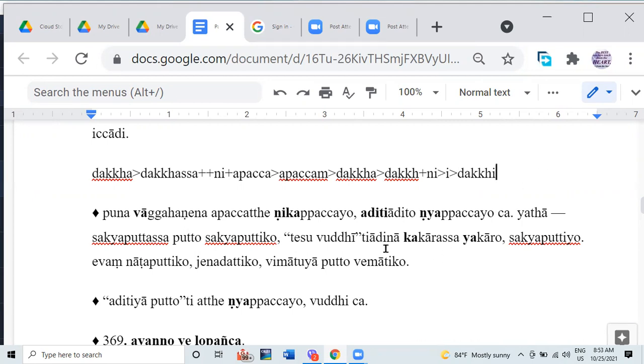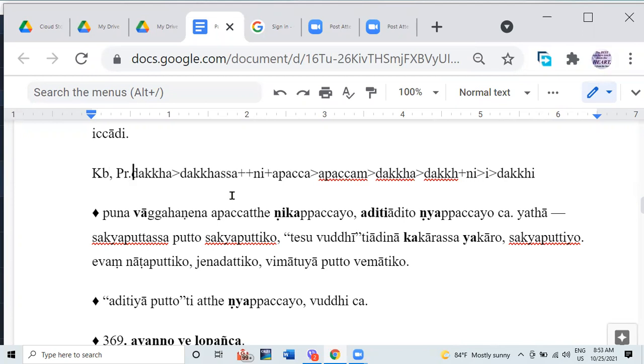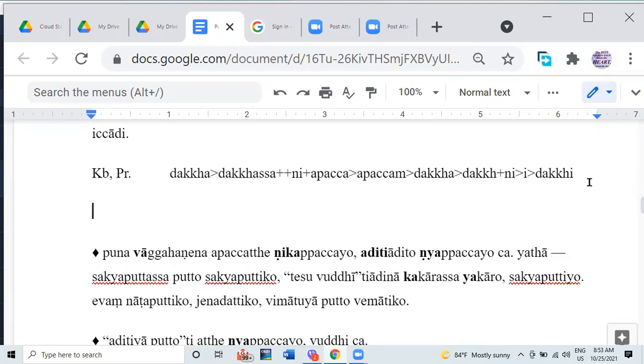So like this. This is the Padarūpasiddhi way, according to Kajayana, Kajayana Vyakarana KB, and then Padarūpasiddhi PR. Next is according to Moggallana, MOG. According to Moggallana, only Daka plus Nisapis by this order.